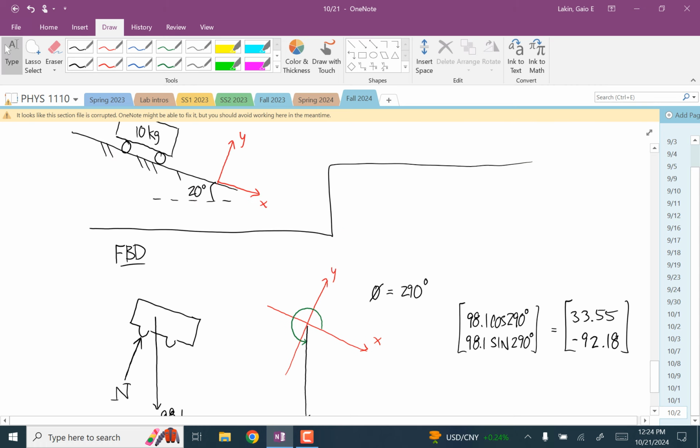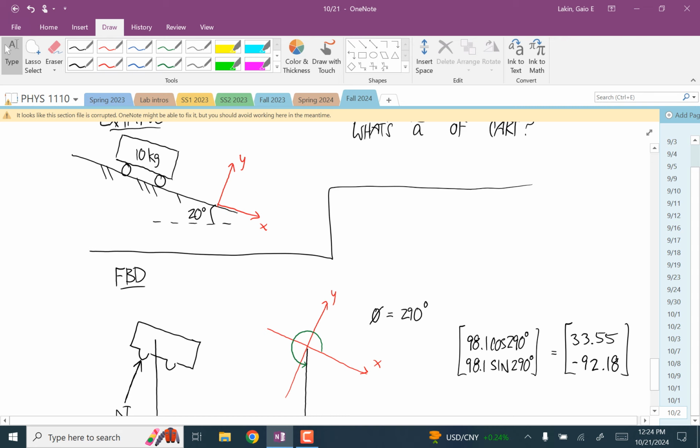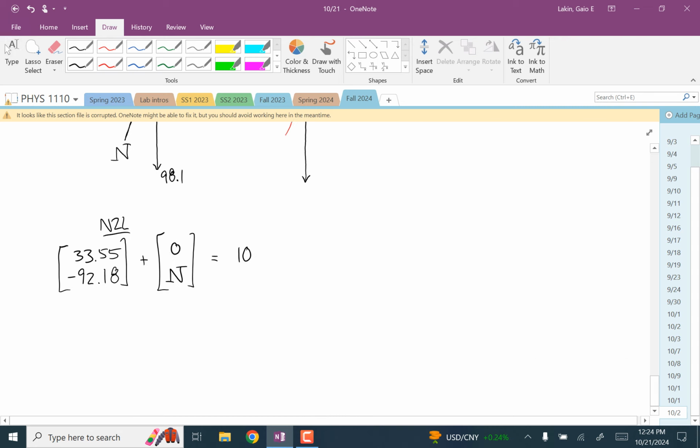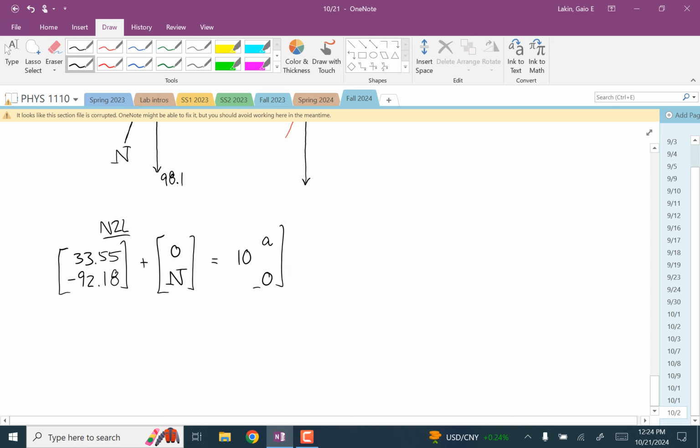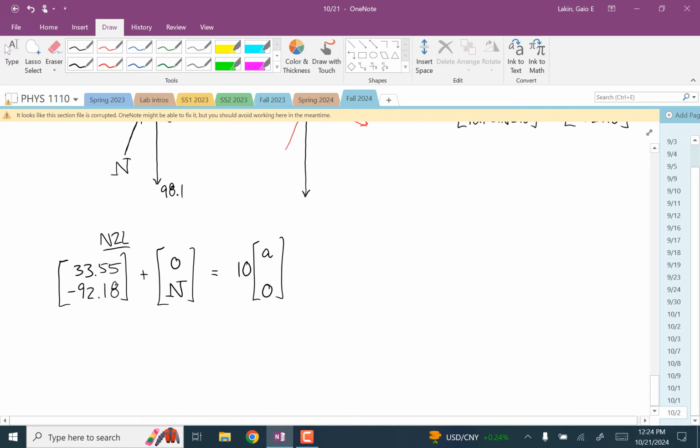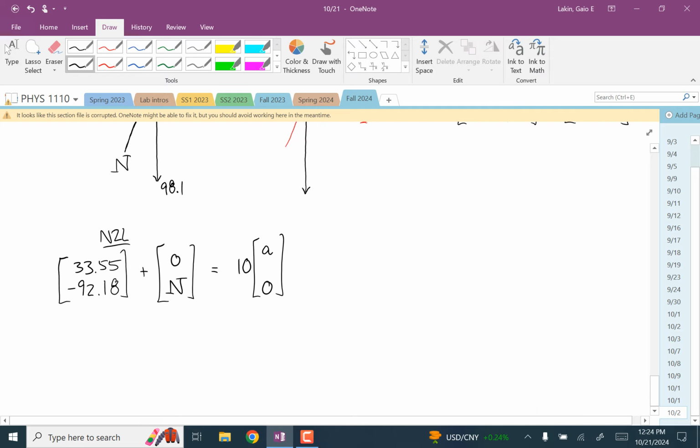Is this thing moving along the x-axis or the y-axis? X. So I'll write this as A, 0. And now we're just trying to come up with the acceleration vector. That just means finding this A and plugging it into this vector. So the X equation here says 33.55 is equal to 10A.